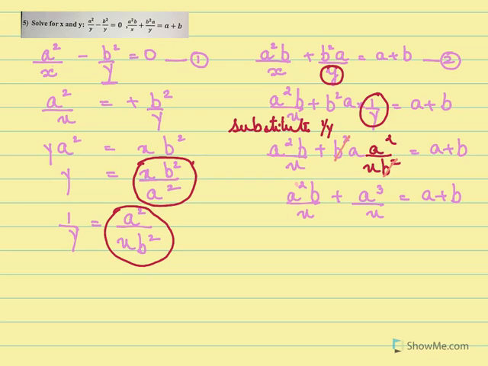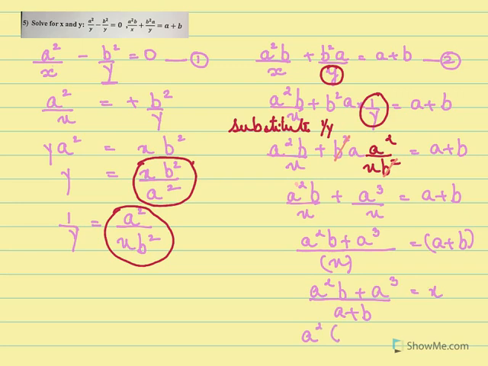Now in both here we have x and x, so the LCM now will be x. So here it will be a square b plus a cube equal to a plus b. Now I'm going to cross multiply. The x I will take on the other side, the a plus b I'll get it down. So I have a square b plus a cube over a plus b equals x.